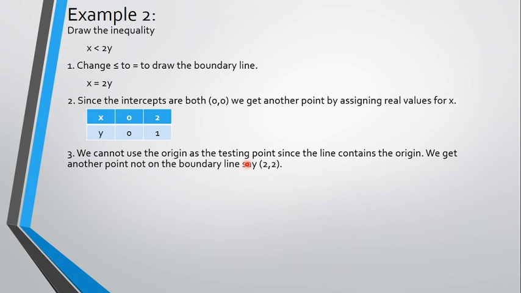In example 1, we used 0, 0 as our testing point. But since it is not allowed if the testing point is within the boundary line, we have to find any other number that will serve as our testing point. Just make sure that the number you choose will be found on your graph. So don't choose a number like 1 million or 2 million, because it is not found in our graph.